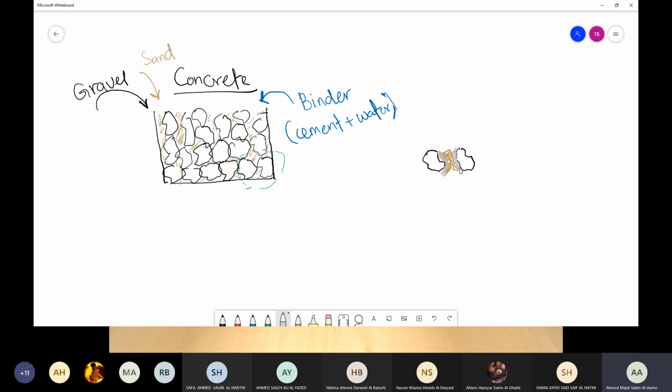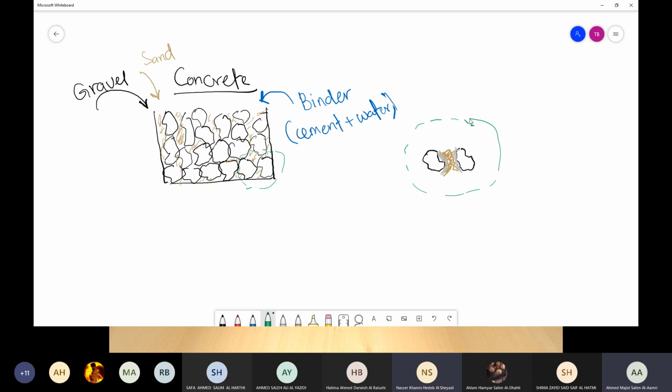Now, where is the weak point in this system? Is it the stone, or is it the binding material which is between the gravel particles? Which one is the weak part?